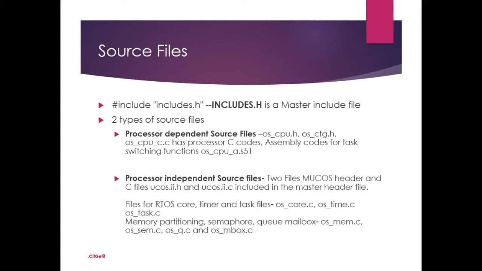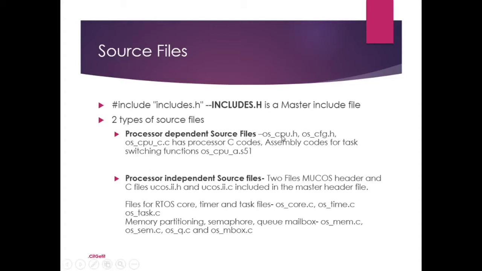So all the details regarding the processor will be entered inside the processor dependent source files like os_cpu.h and os_cfg.h. This will contain the details of the registers, stack, and all the functions related to the processor.